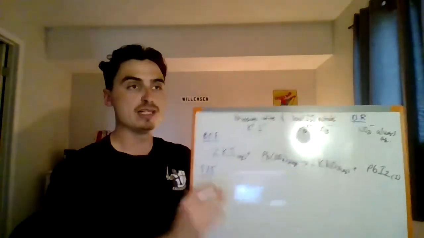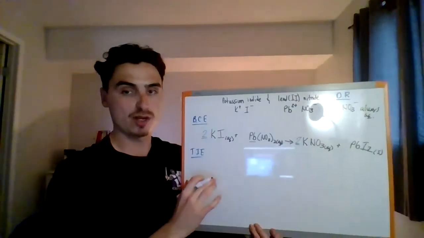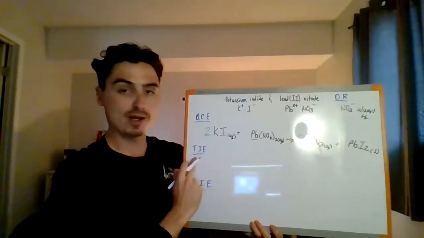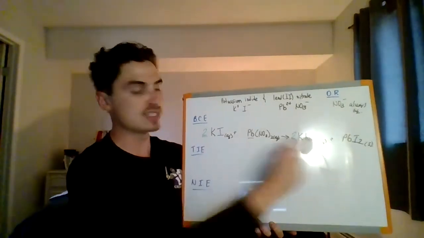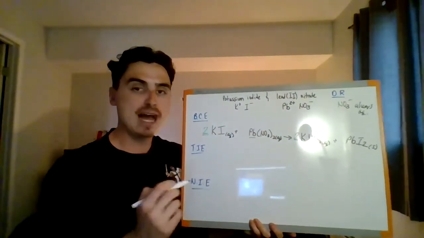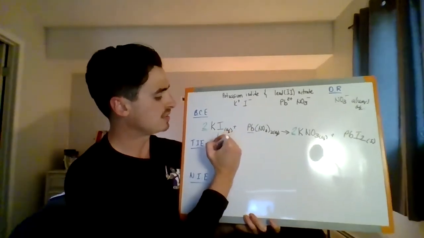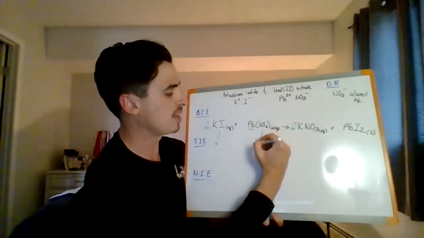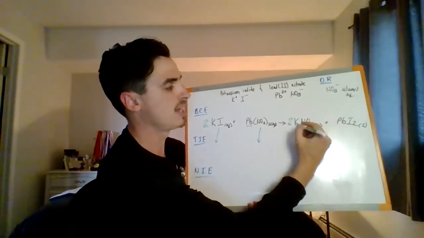Now what I have to do, ladies and gentlemen, is go to the total ionic equation. The total ionic equation is where we dissociate anything that is aqueous. So we break down anything that is aqueous into its ions. So I'm going to break down KI, I'm going to break down Pb(NO3)2, and I'm going to break down KNO3.